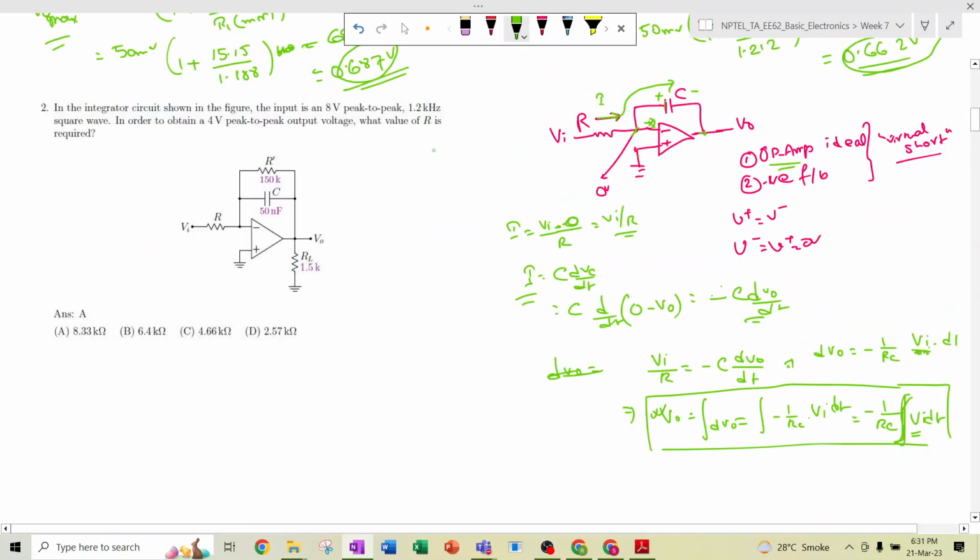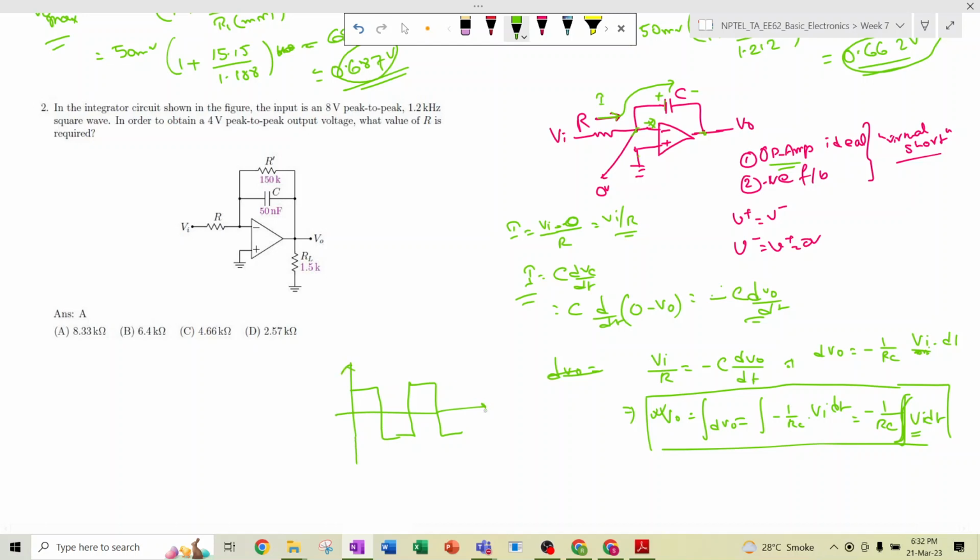In the integrator circuit, what happens if we give a square wave? Suppose we are giving a square wave like this. This is the input voltage. It will integrate and generate the output.